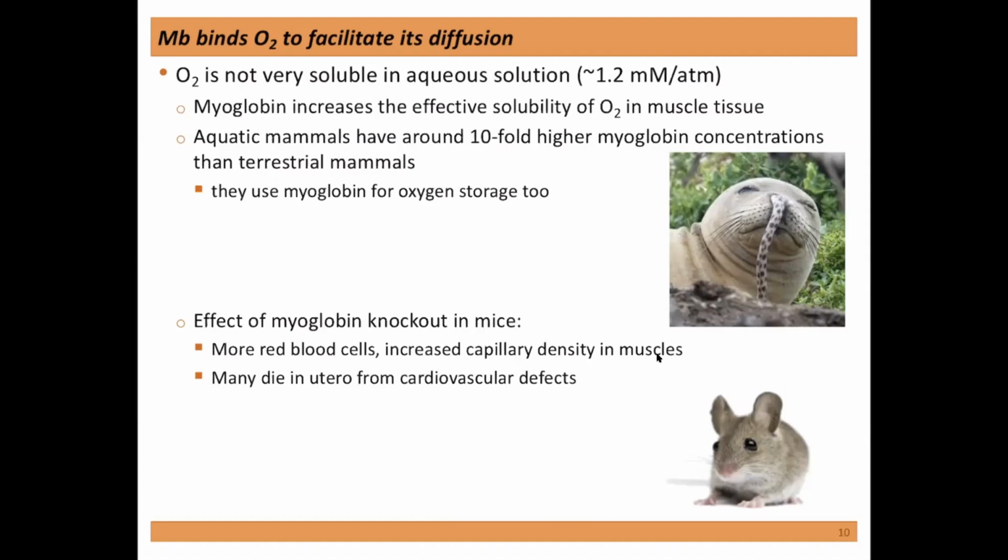And if the mouse lived, it seemed to be fairly functional, but many died in utero from cardiovascular defects. So there are other oxygen carrying species. We'll talk about those before we jump in depth into myoglobin.